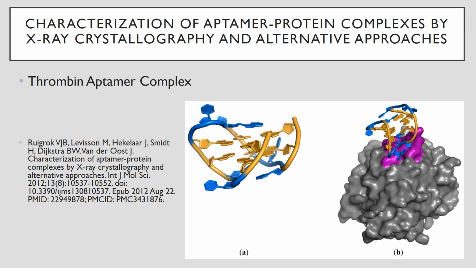Figure A shows the crystal structure of the thrombin binding complex, and through the structure they were able to visualize the core of the thrombin binding aptamers, which are the two stacked G complexes shown in the gold of Figure A. And Figure B just shows this bound to exosite 1.